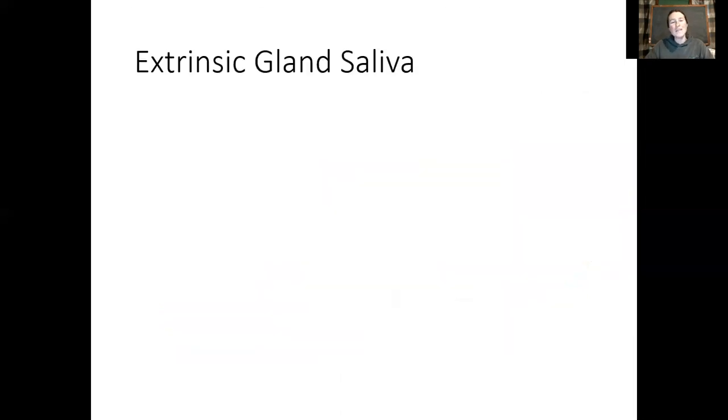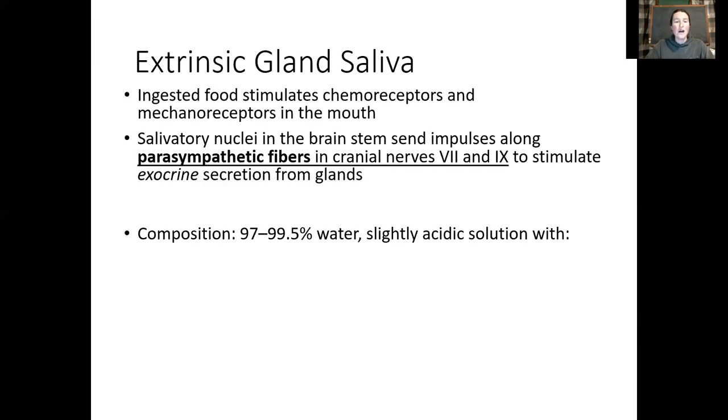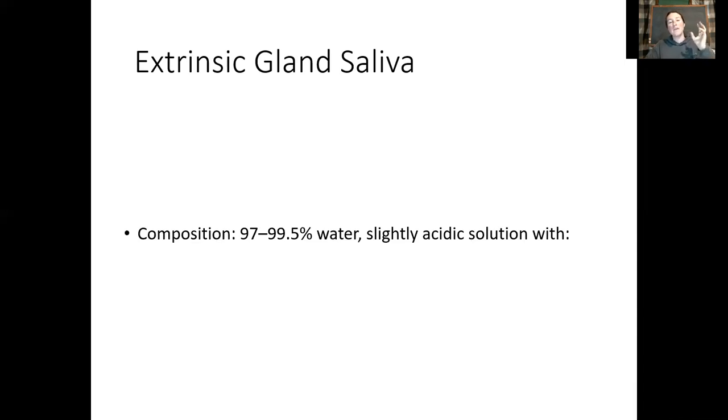Okay, so what exactly is different about this extrinsic gland saliva, and why is it only secreted essentially when we're thinking about food and we start to take a bite out of food, right? So when you're taking that bite out of your cookie, this saliva, of course, there's a lot more of it, is what is being mixed with that food to create a bolus. Essentially, this saliva contains mostly water.